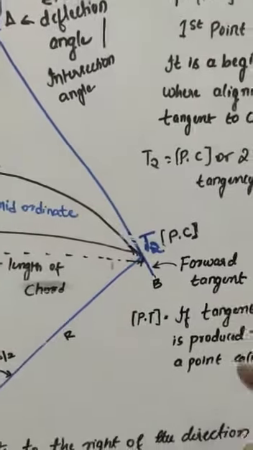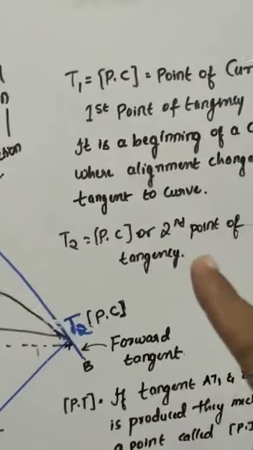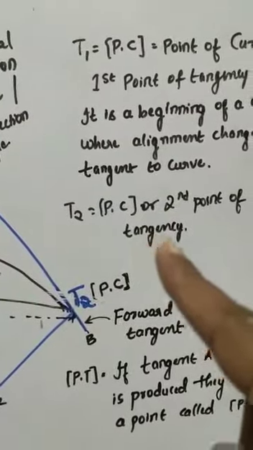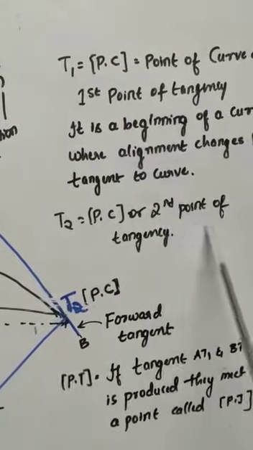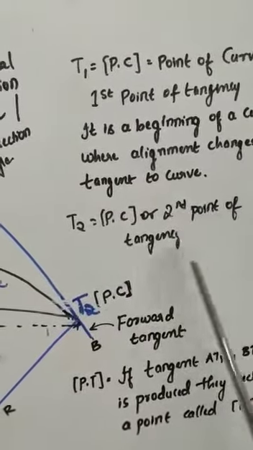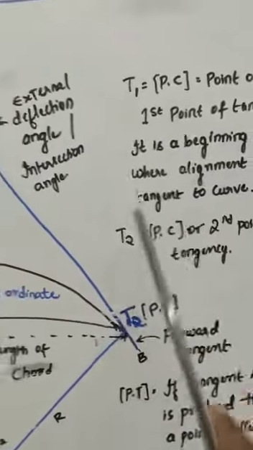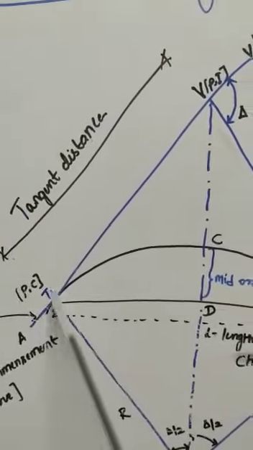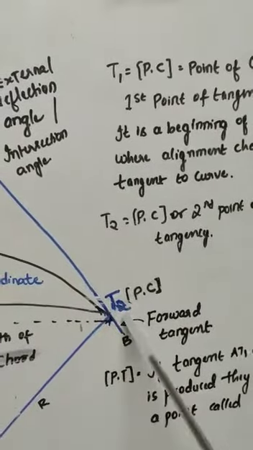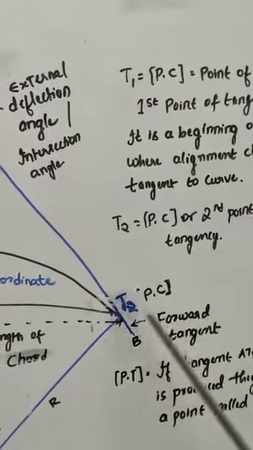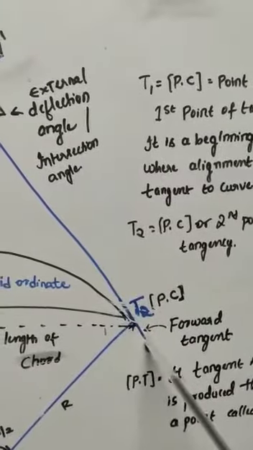So even this T2, point of curve, is also known as second point of tangency. So T1 is the beginning of the curve, but T2 is the end of the curve, where your alignment changes from curve to tangent.